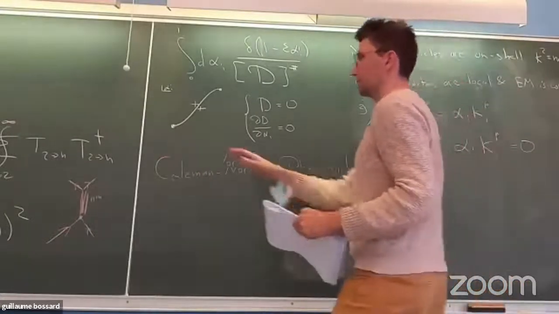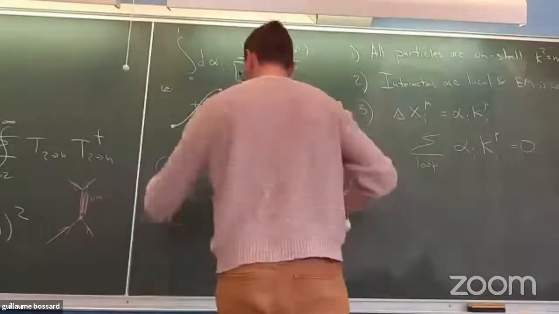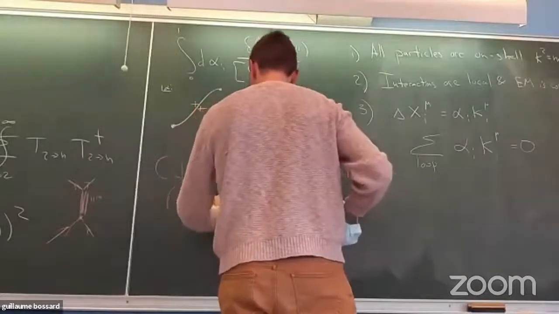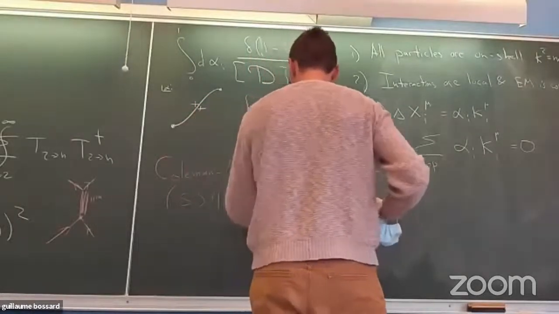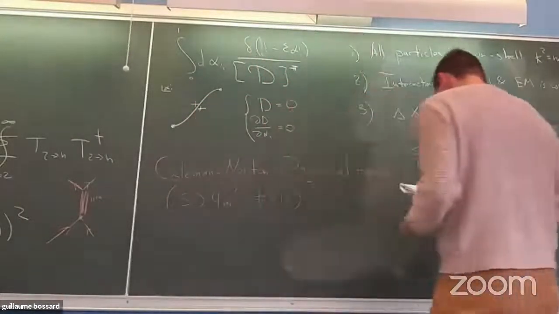For example, for the 2 to 2 scattering amplitude, we should take S larger than 4m squared, and then T negative and larger than something.